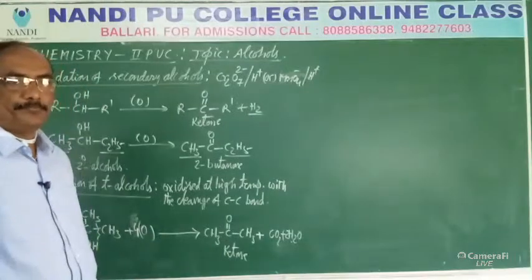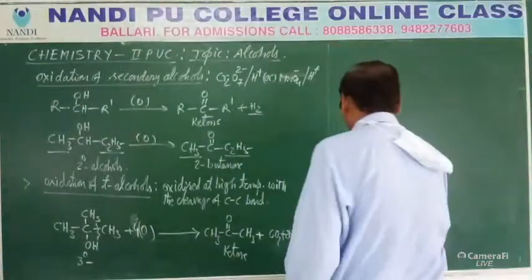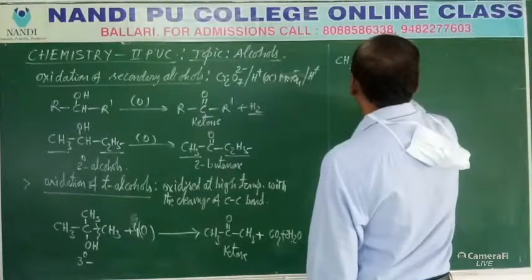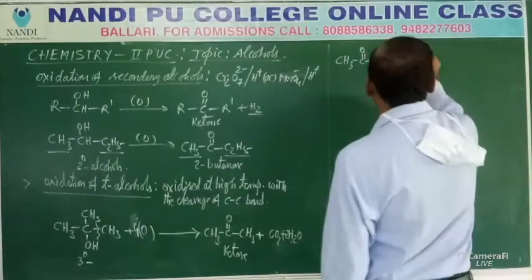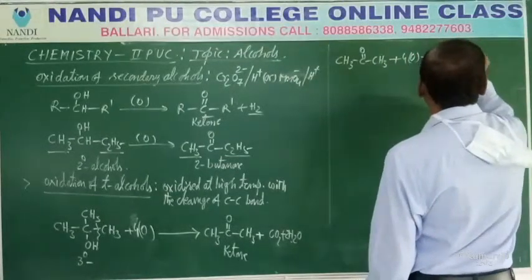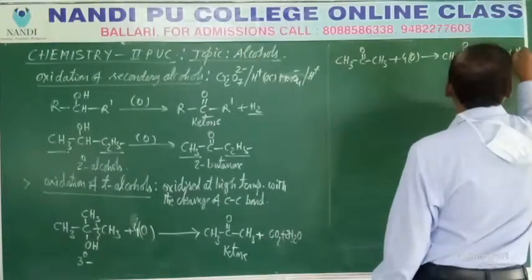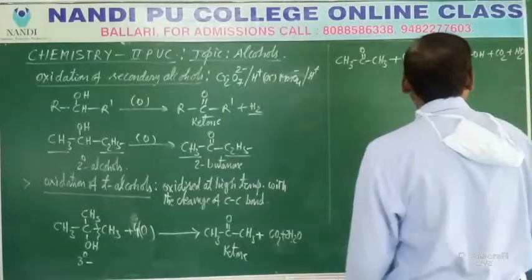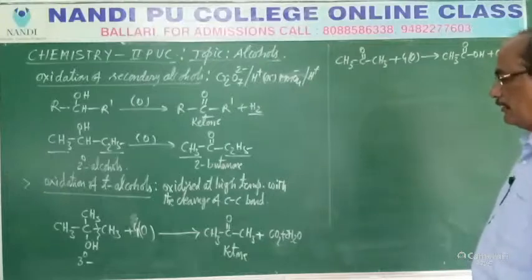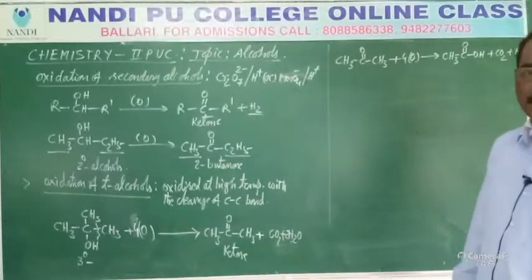This is the first step. Again the ketone is oxidized. When you take this ketone, CH3C=OCH3, again this is oxidized to CH3COOH plus CO2 plus H2O. Right children? Finally, what is the result of oxidation of tertiary alcohol?